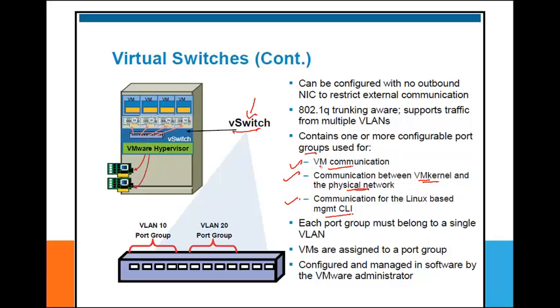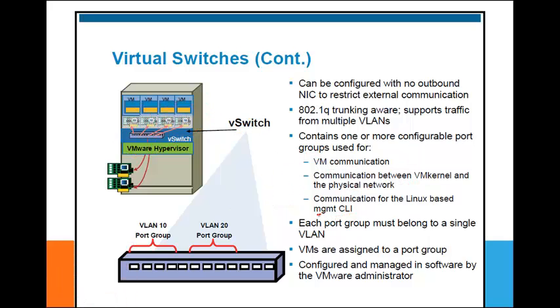So you have three different port groups: one for the system, one for the management, one for the VM traffic. One port group for the traffic coming out from the VM communication. Another port group for the system to interact with each other.